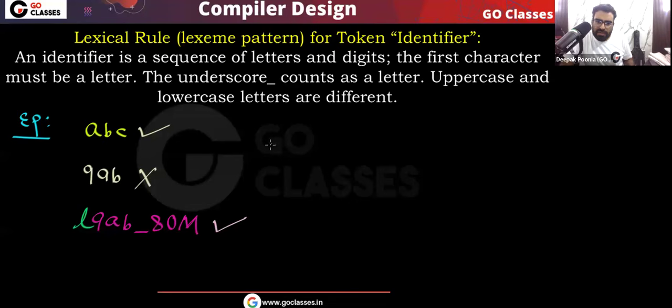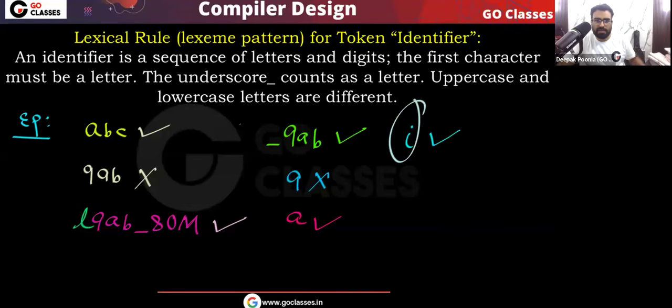You can start with underscore, no problem. Now this is the first character. Now after that any sequence of letters or digits. So for example _9AB, this is also perfectly fine. For example 9, no, this is not a user defined variable name, this is not an identifier. For example A, that is perfectly fine. I, that is perfectly fine.